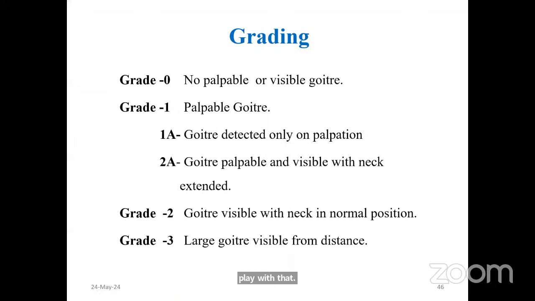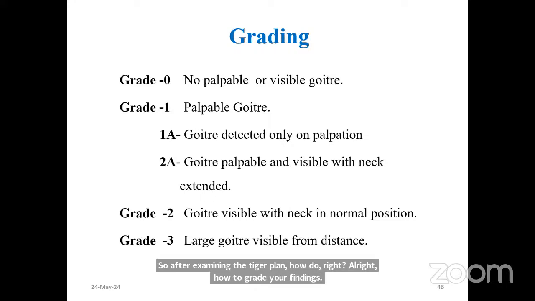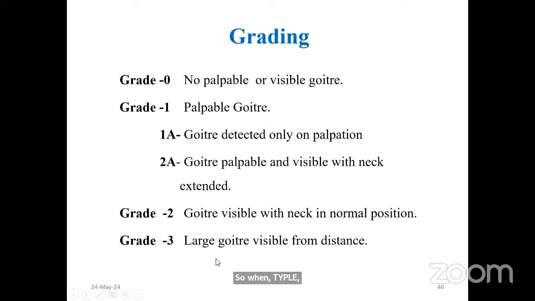Yes. So after examining the thyroid gland, how to write or grade your findings. When the thyroid gland is not palpable or there is no visible goiter, we can call it grade 0. When it is palpable, then grade 1. If the goiter is detected only on palpation, then 1A.